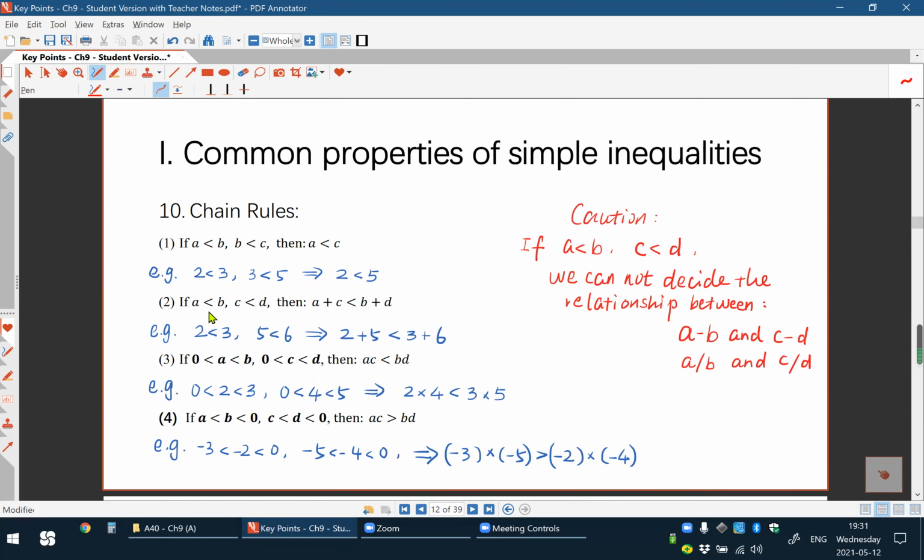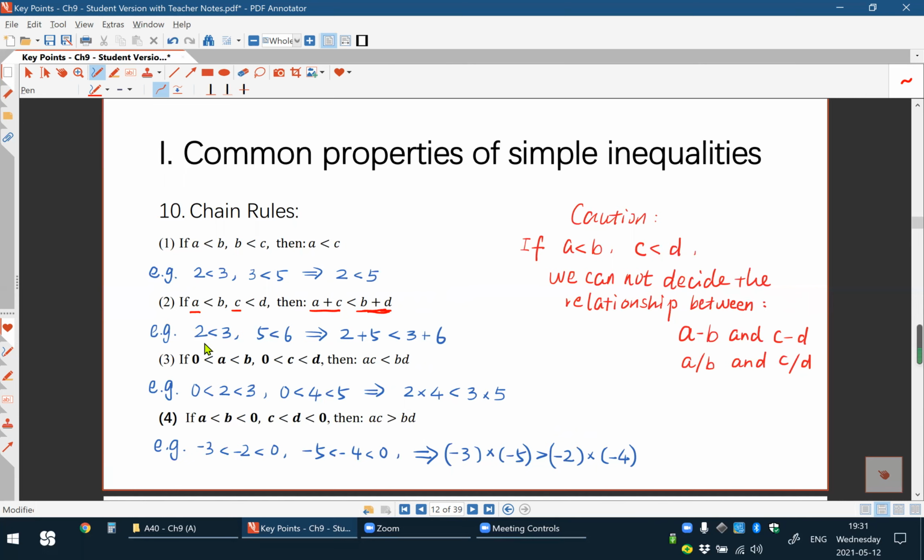Okay, next, if A is smaller than B and C is smaller than D, then we will have A plus C is smaller than B plus D, right? Because here A and C are the smaller numbers and B and D are the larger numbers. So the sum of two smaller numbers should be smaller than the sum of two larger numbers.